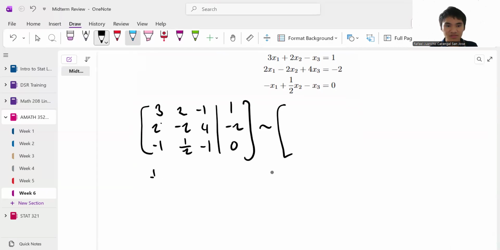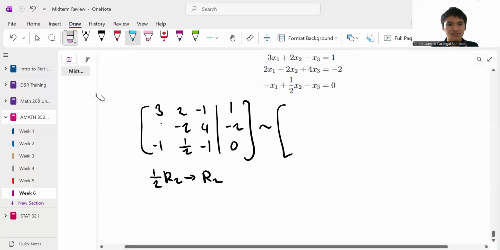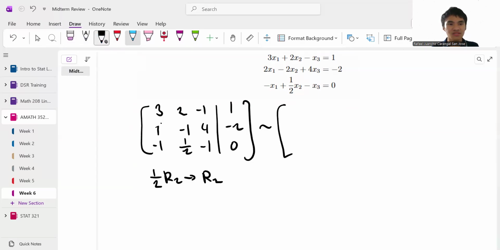So what I could do here, I could divide by half row 2, plop it back to row 2. So this would be 1. This would be 1, -1 in this case. This would be a 2. And then this would be -1. And I think now I could do this. Row 2 minus row 3, or add it actually. We put the row 3.